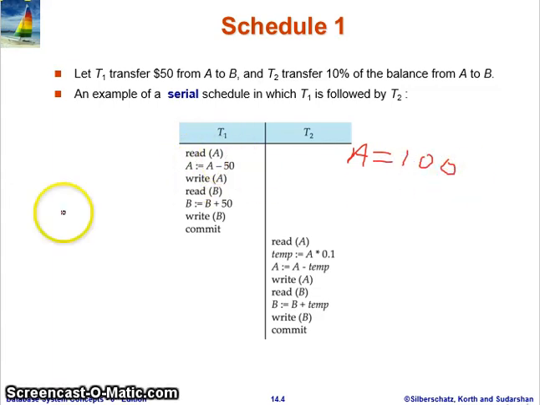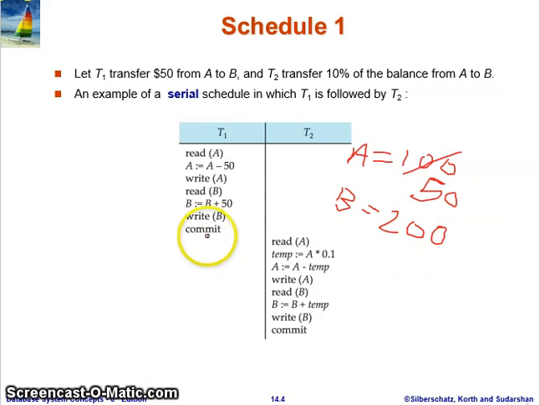We read that 100, then deduct 50. 100 deduct 50, then it will be 50. Then write 50. Read B. Suppose the current value of B is 200. Just consider and write it and commit, means transaction T1 has been completed.